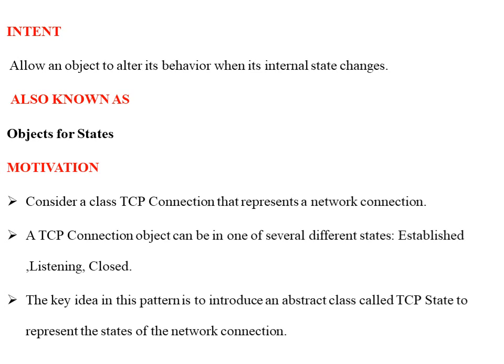Whenever a process is created at the new state, after creation it will move to the ready state. That is the internal state changing from one state to another. If a problem occurs in altering behavior when the internal state changes, then we apply this state pattern. This is the intent.